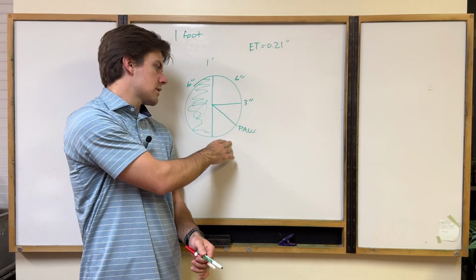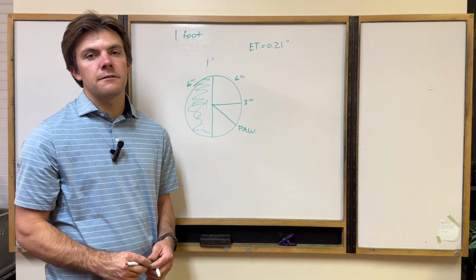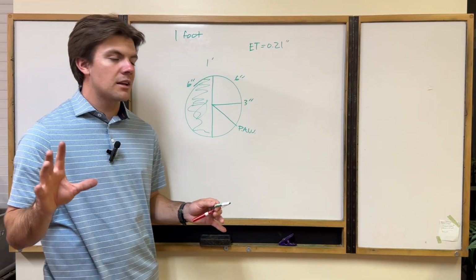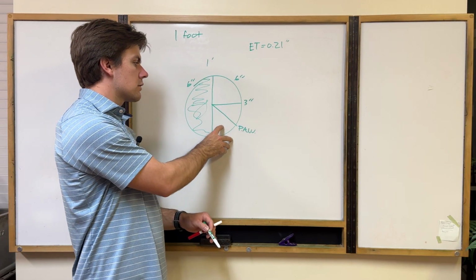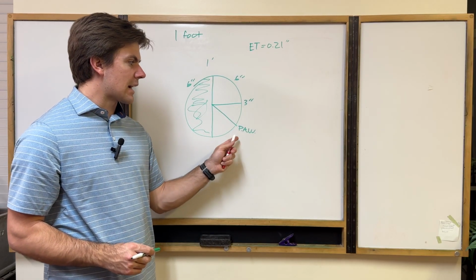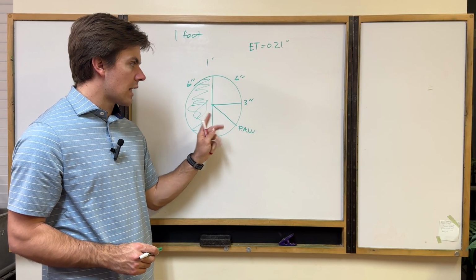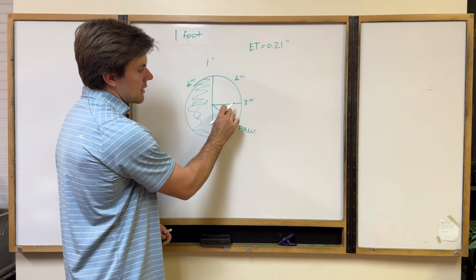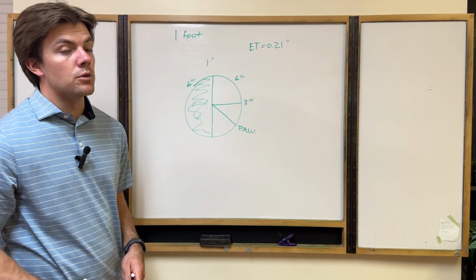Anything below this, due to the physics and everything with water and the adhesion and cohesion, the water is going to be stuck so much to the soil particles that your plants aren't going to be able to access any of this water. So that's off the board. So now we're only focused in this area that the plant can use.